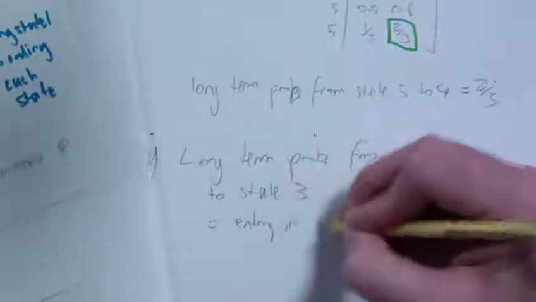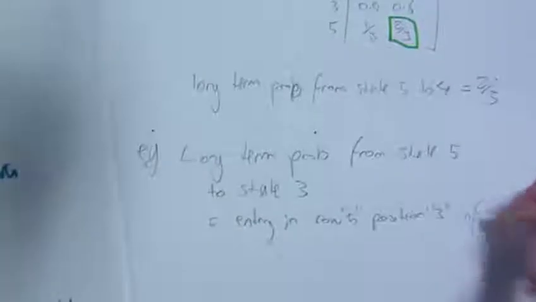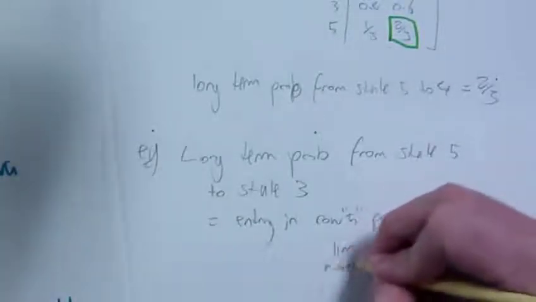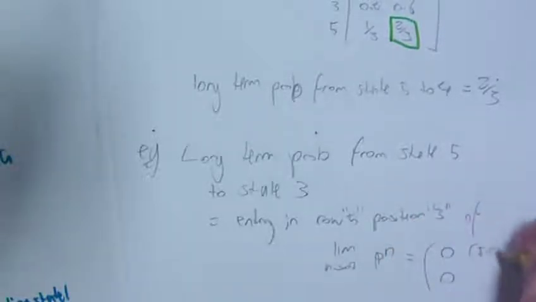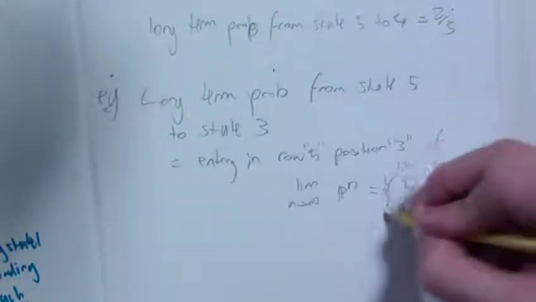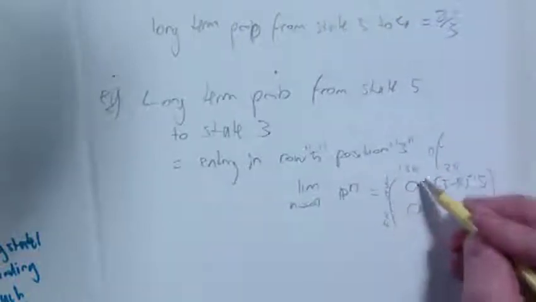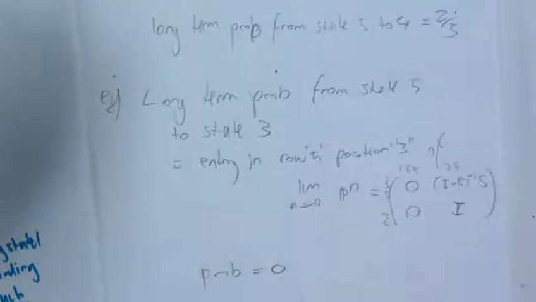This will be the entry in row 5, position 3 of the limit as n goes to infinity of P to the n, which is 0, 0, (I minus R) to the minus 1 S, I. Well, look at that. This was 1, 3, 5, 2, 4. This was 1, 3, 5, 2, 4. So to get from state 5 to state 3, that's part of a zero matrix. So the probability is 0, the one that I'm looking for.